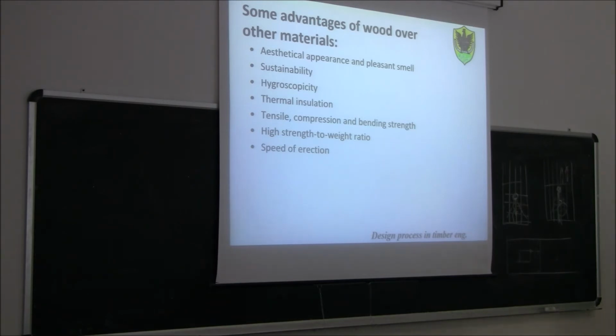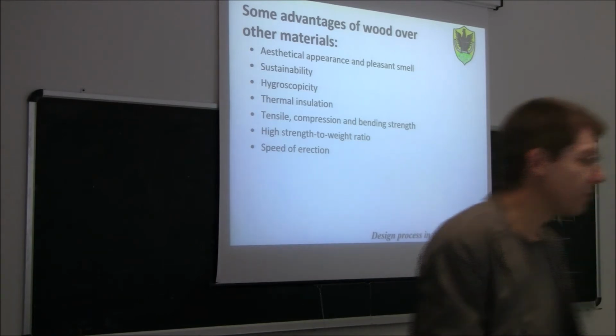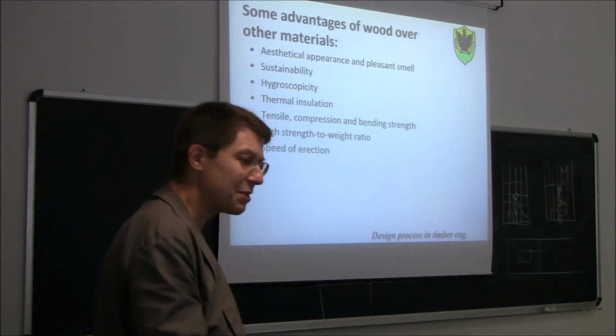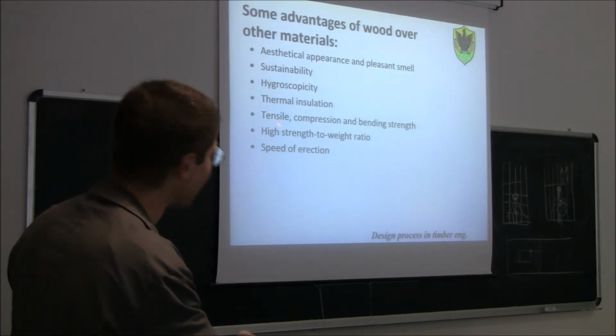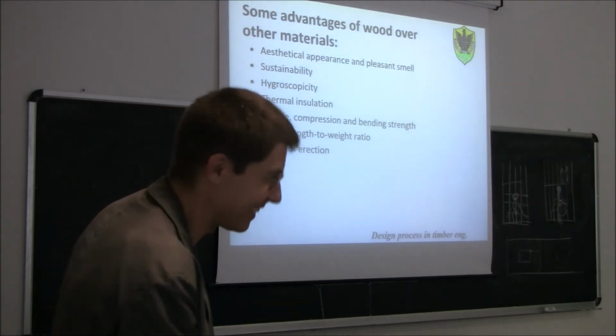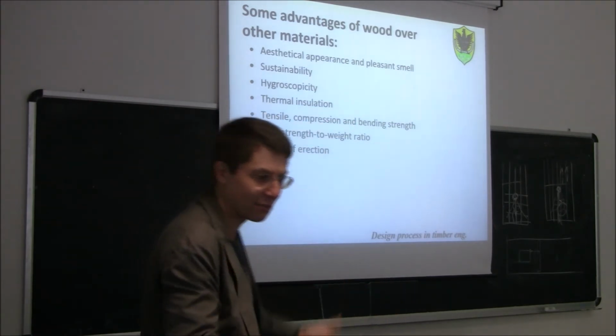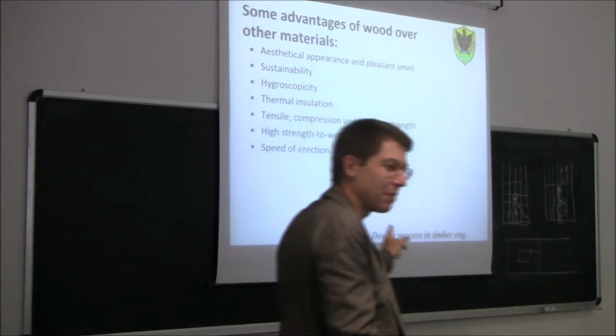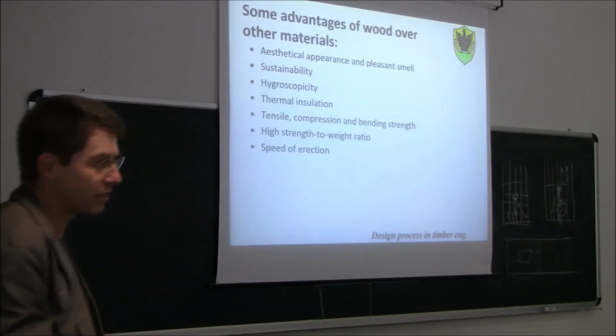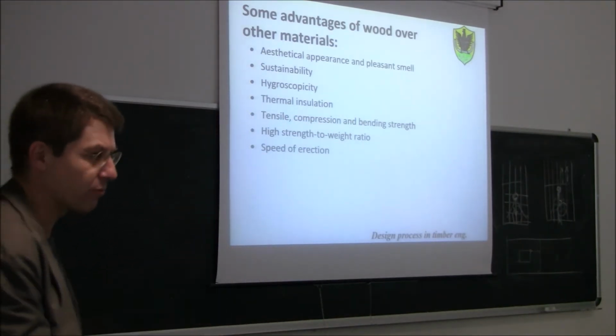Yes? Why is hygroscopicity an advantage? Which one is hygroscopic? Well, you will see hygroscopicity is both an advantage and a disadvantage. In fact, later on we will talk about some disadvantages, and we will see hygroscopicity again. Now we will see also why it's an advantage. It's an advantage for the well-being of the people.